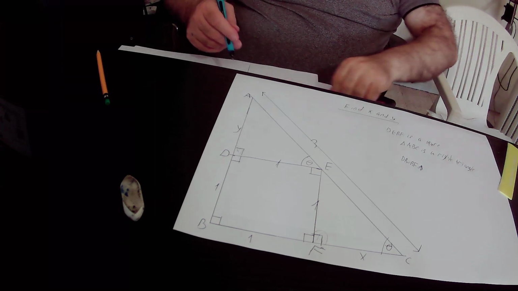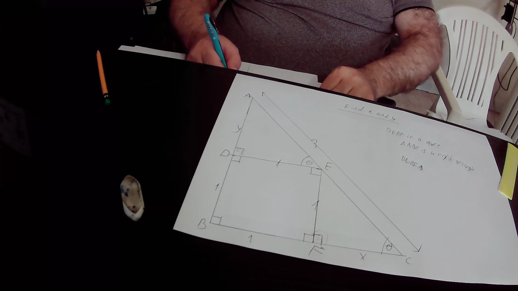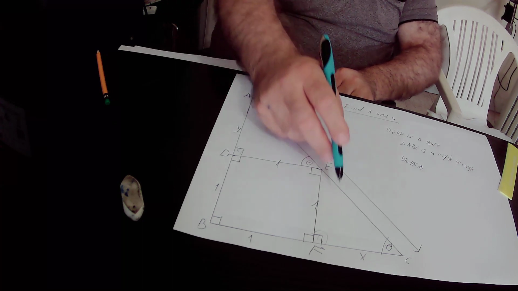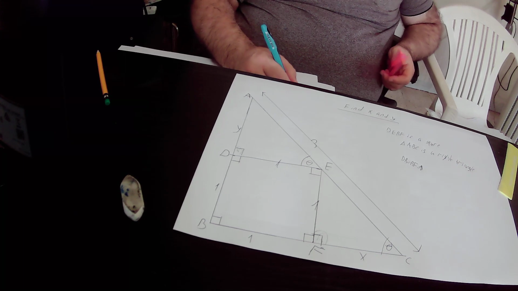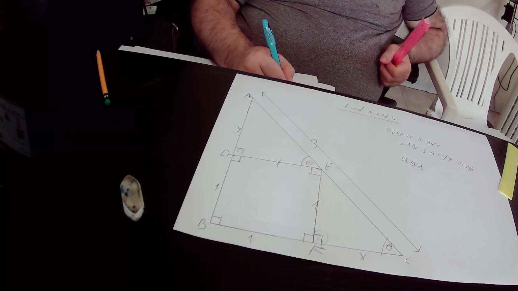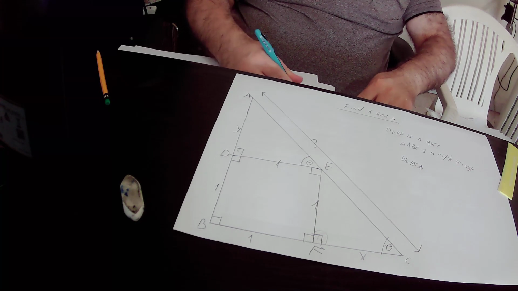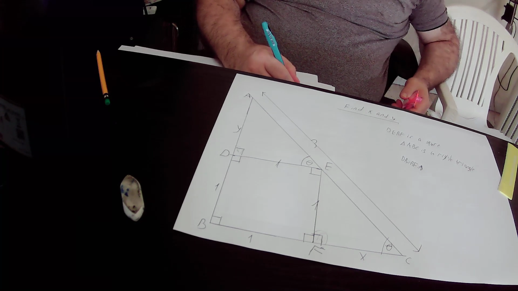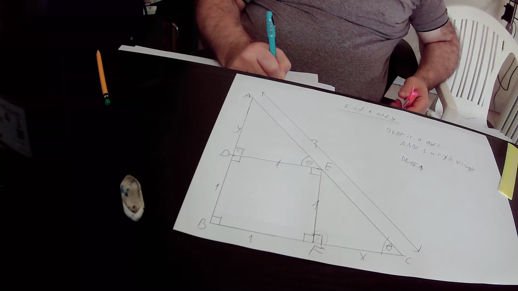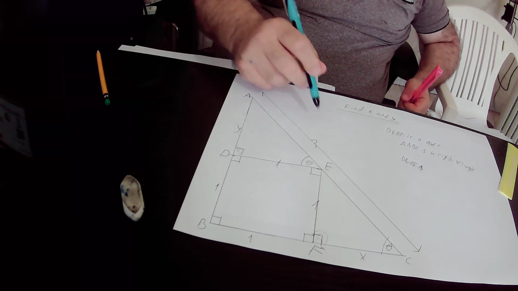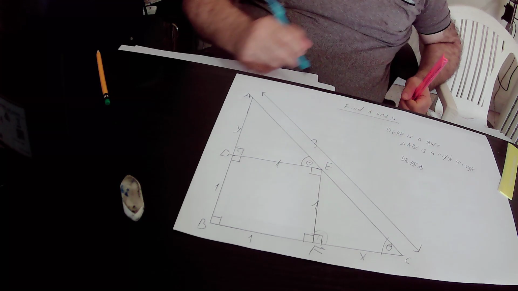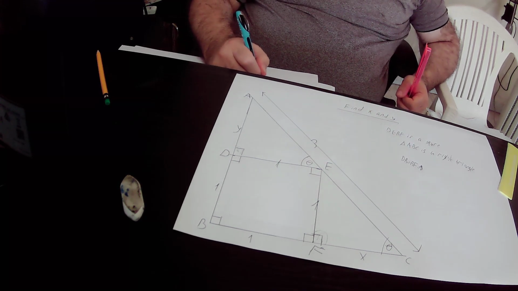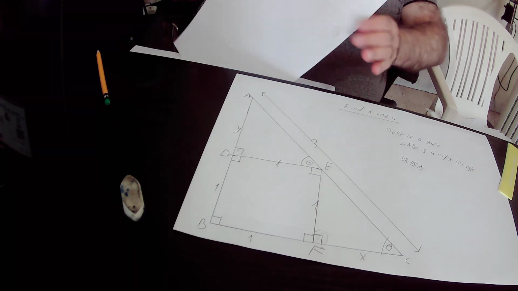In the next step we'll focus on the right triangle EFC, this right triangle. In the right triangle EFC, we know that tangent theta equals EF over FC. I'll repeat again.